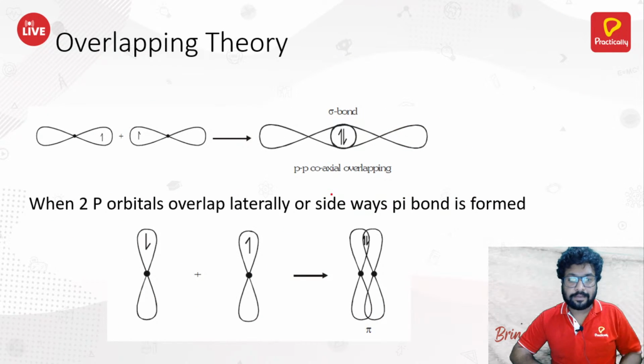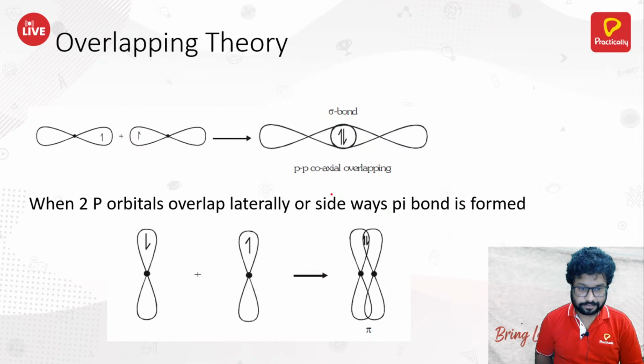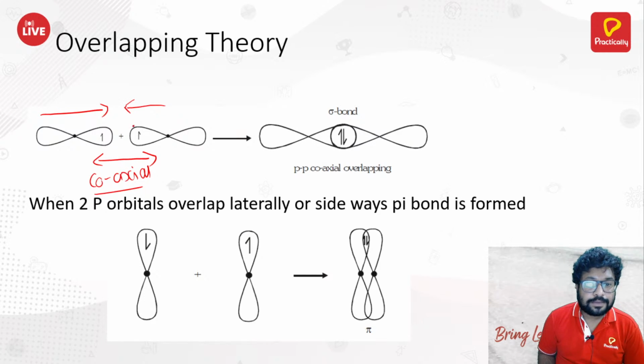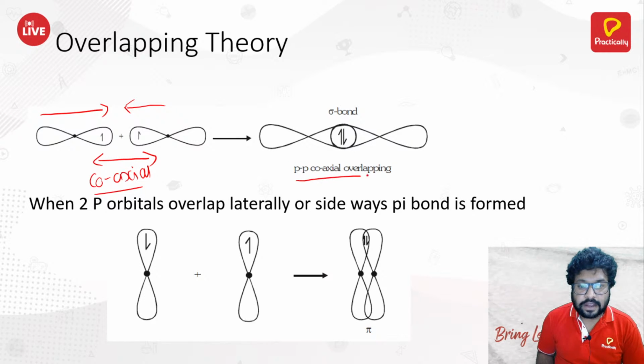So, overlapping theory. How is a sigma bond formed? As I told you earlier, this is how coaxial overlapping happens along the internuclear axis. This axis is your internuclear axis. So if the overlapping happens along this, it is called pp coaxial overlapping. That's how your sigma bond actually gets formed.